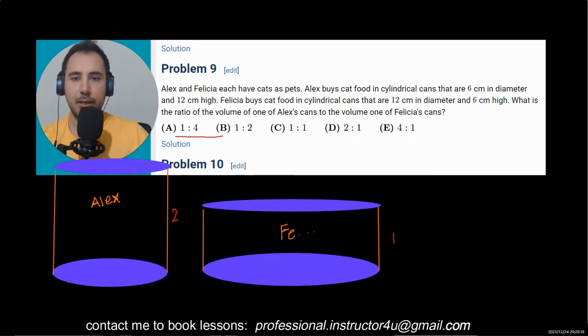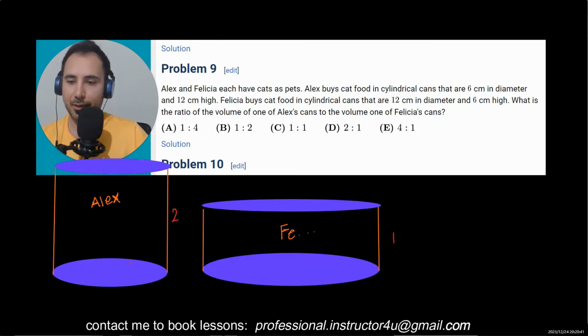And then for this one, the diameter was 6, and from here to here was 12. That means the radius of this is 2 times of this. So again, I'm going to make the question even simpler for myself.